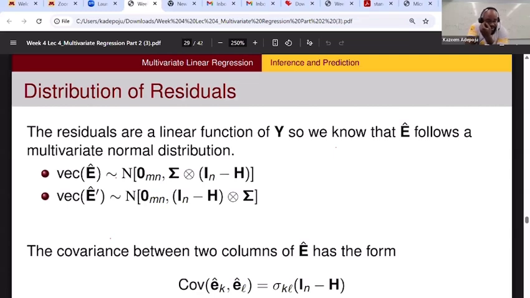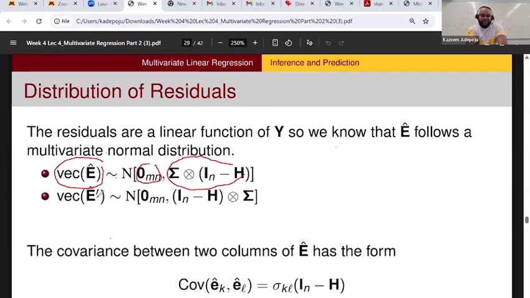Now, we've been able to see that the distribution of residual is very much required, is part of the assumption. The distribution of residual has to follow normal. So what we're trying to say here is that the vec of the residual now follows normal distribution with this as the mean and this as the covariance.